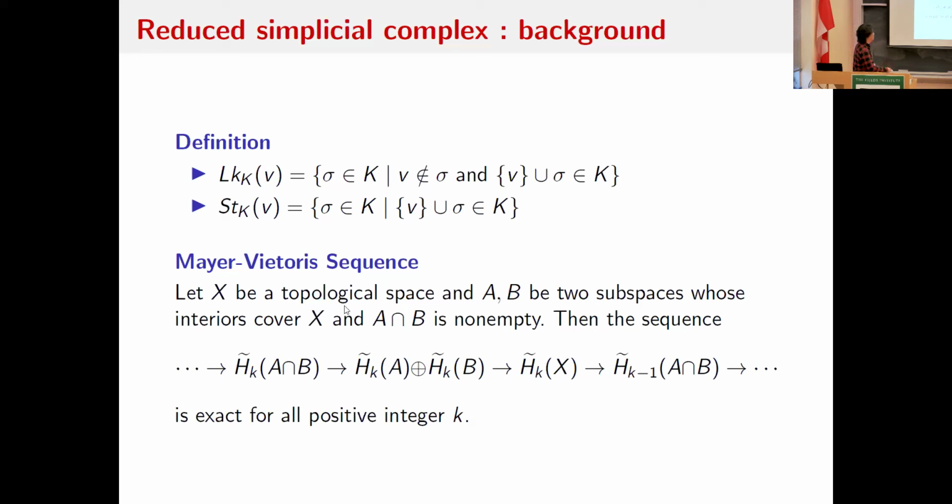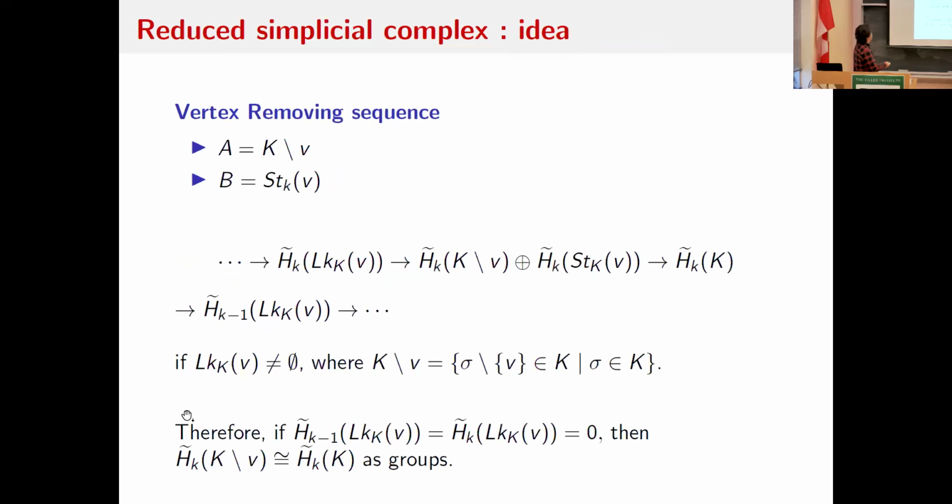This sequence is exact, and A intersection B is non-empty, and so we set A to K minus V. This K minus V is the whole set of simplices of the original simplicial complex K, but omitting the vertex V. And here the set B is the star of V in K. So then we can obtain this result.